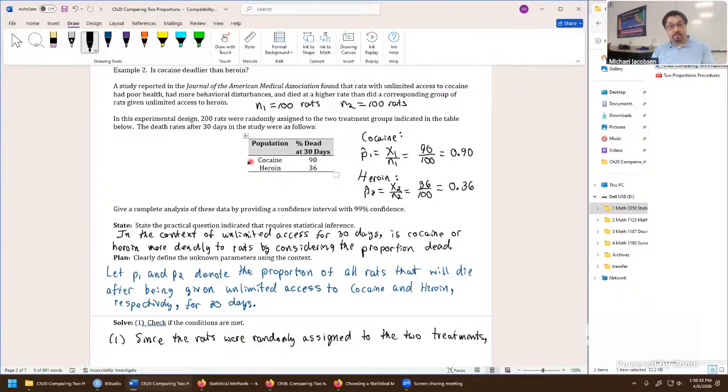We're really looking at two different populations at this point, a population of rats exposed to cocaine versus heroin.